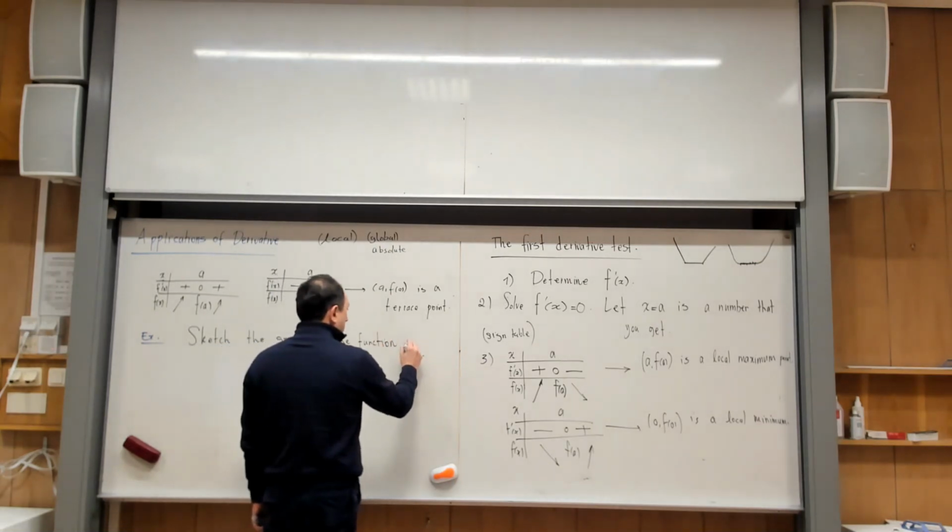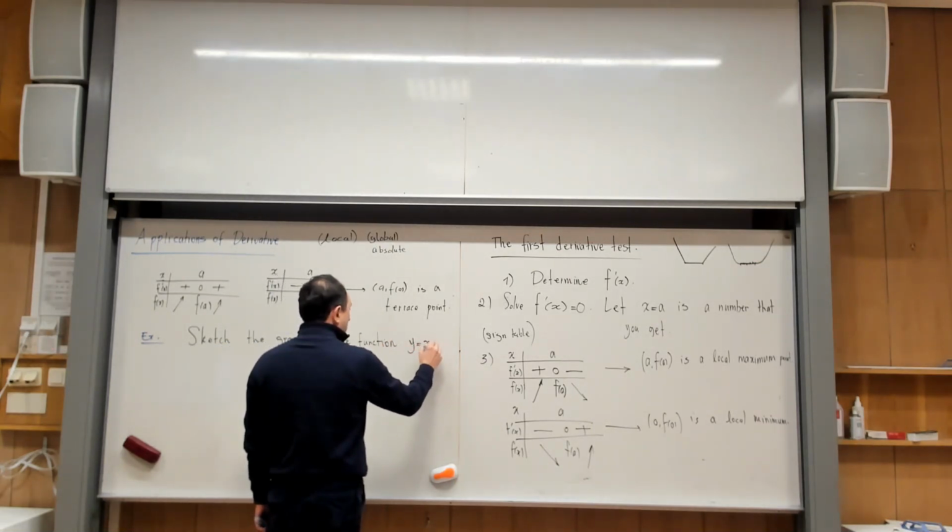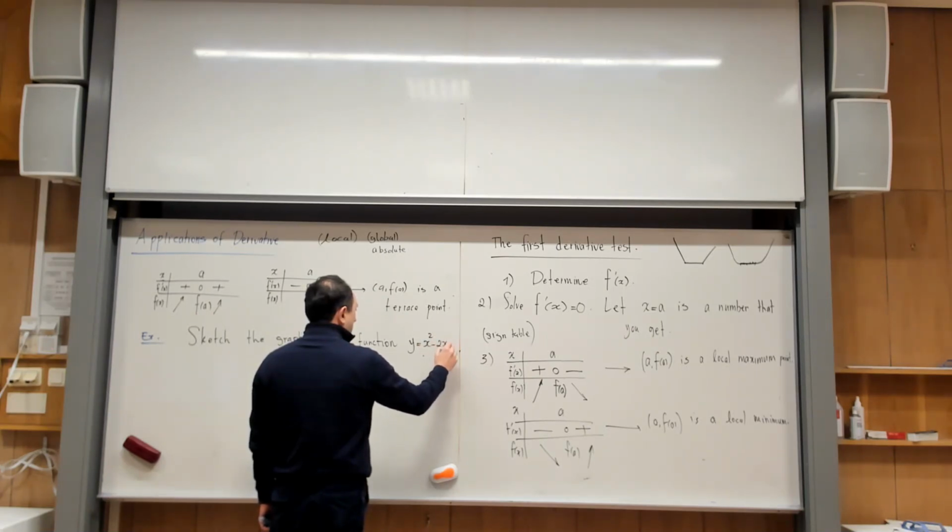Let us write it like this: x squared minus 2x plus 1.